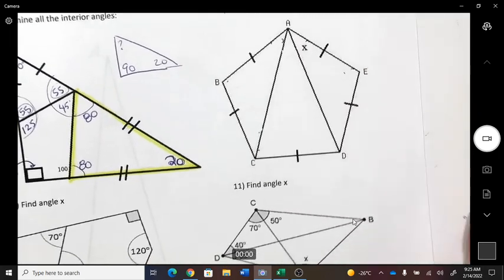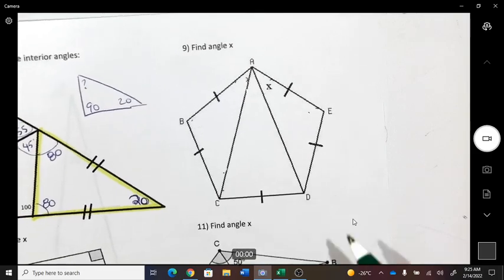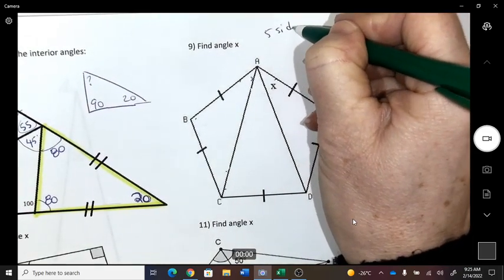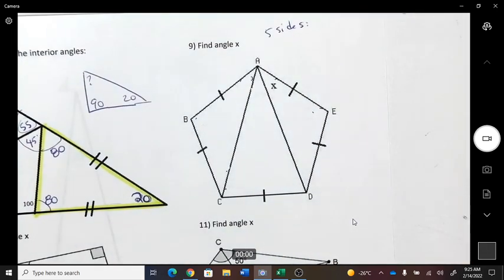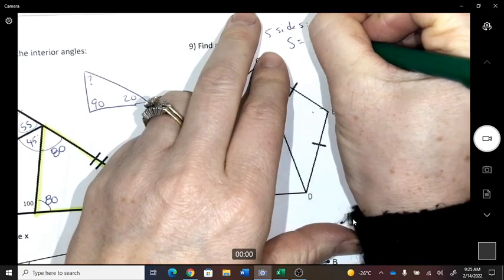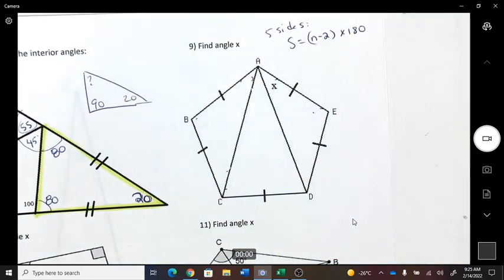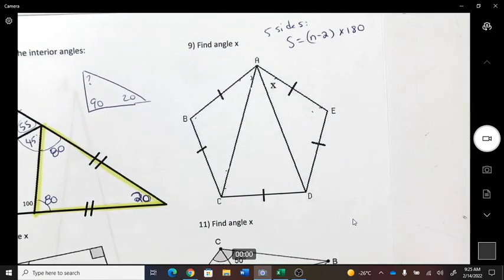Okay, number 9. 1, 2, 3, 4, 5. Can you get me the sum? Remember the sum formula? How many degrees are in that figure?